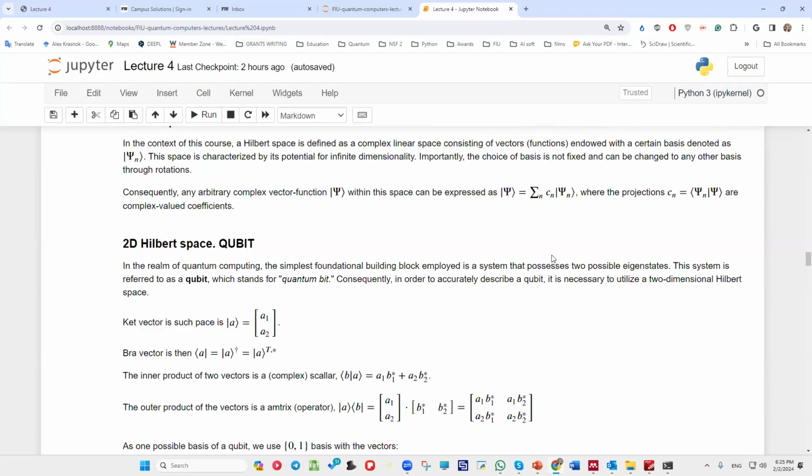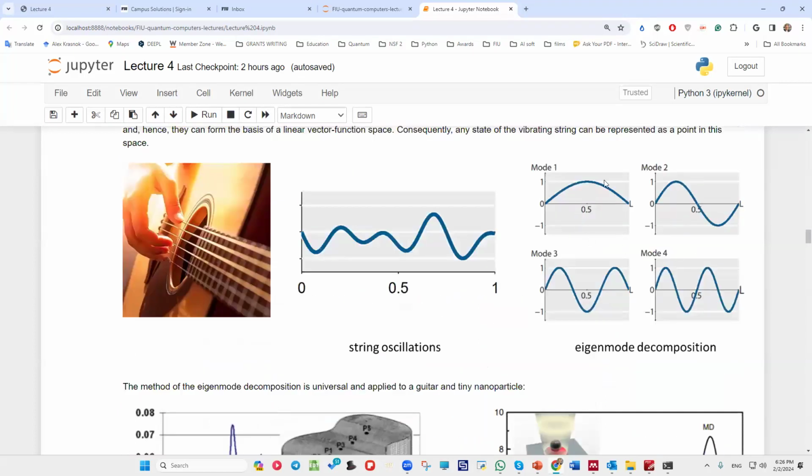And speaking about quantum, we start from the basic building block of any quantum system, which is a qubit. A qubit is a system with two eigenmodes.